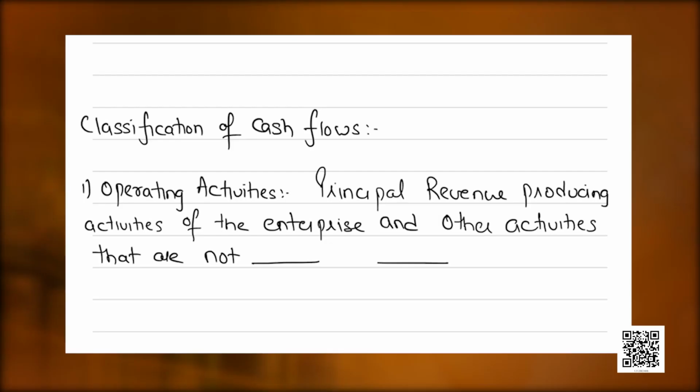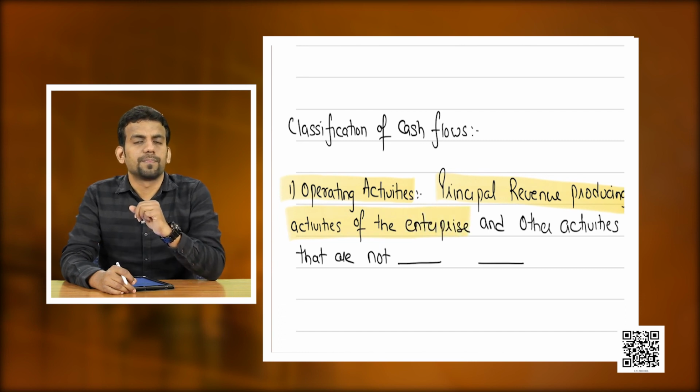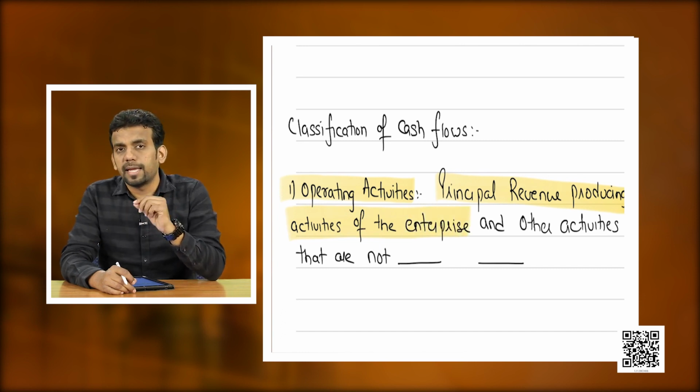The first thing which is covered in cash flow statement is cash flow from operating activities, the principal revenue producing activities of the enterprise. The way the name is saying, operating items are of business operations: buying goods, selling goods, paying rent, paying salary, receiving money by selling goods, etc. These could be the operating things of a business.